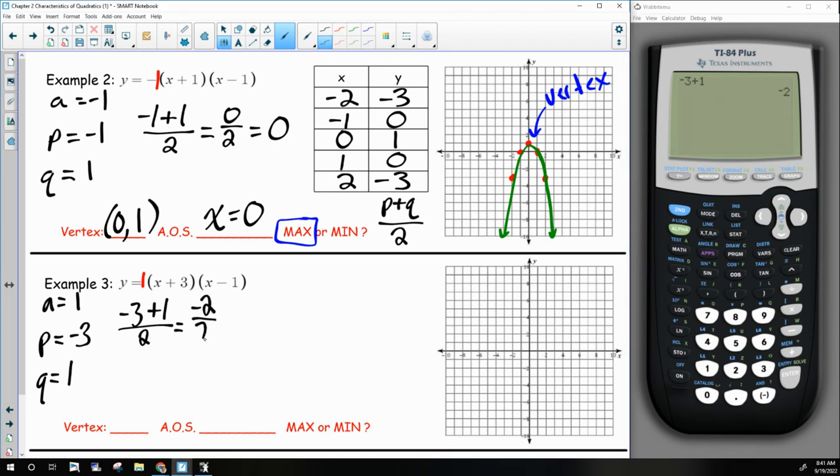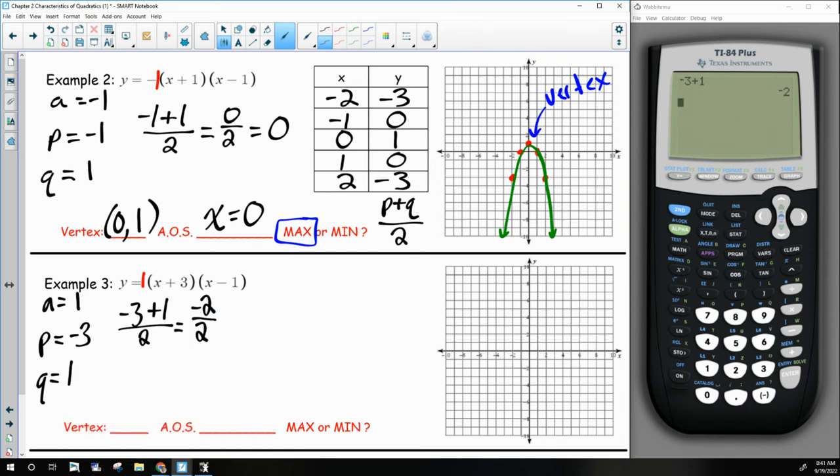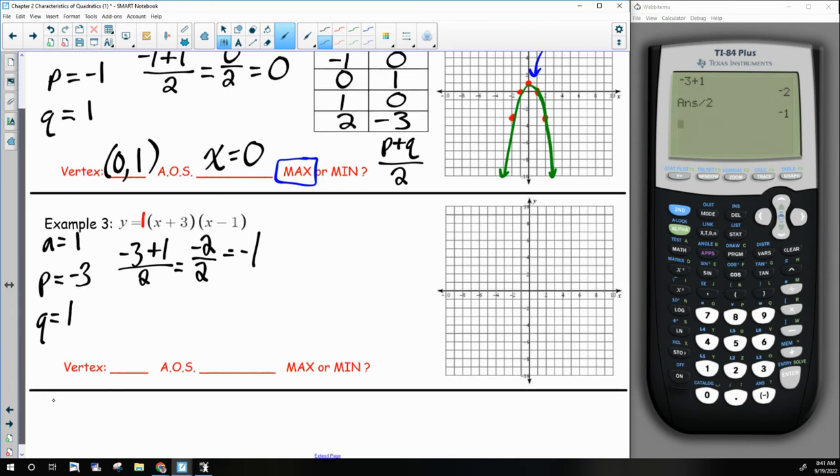My bottom is still 2. And all I need to do is divide by 2. My answer is negative 1. We just found the half of our vertex, negative 1 comma something, and my axis of symmetry is negative 1.